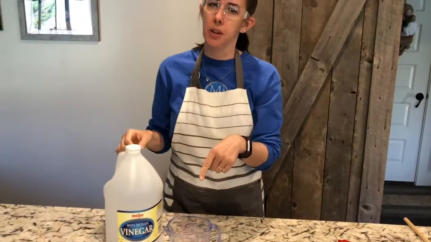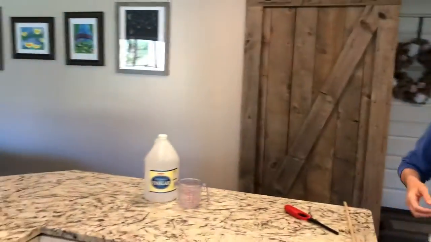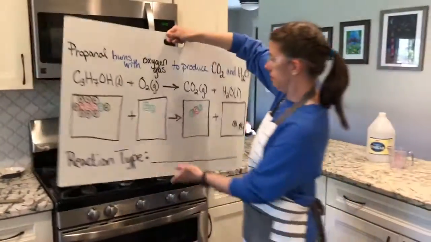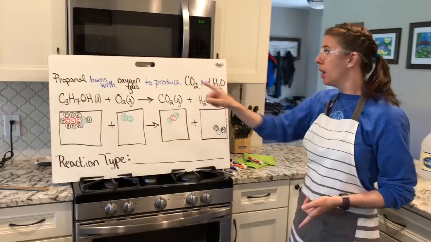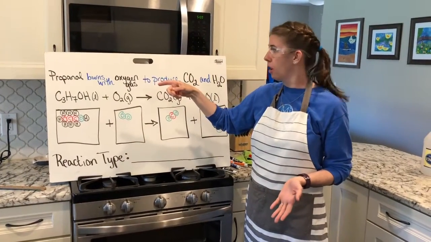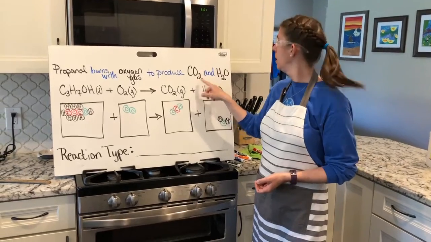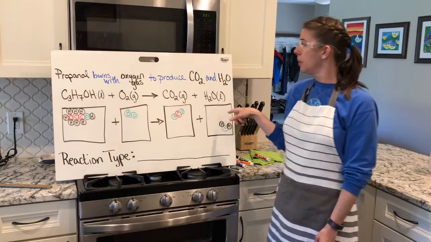So let's talk about this reaction and the chemistry behind it. So I have on the top propanol, which is the rubbing alcohol, burns with oxygen to produce carbon dioxide and water. And I've got the formulas written out for each.